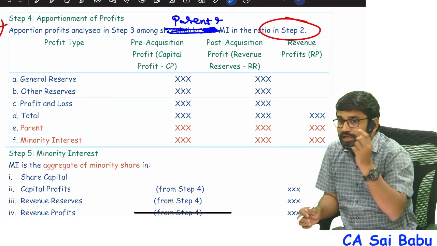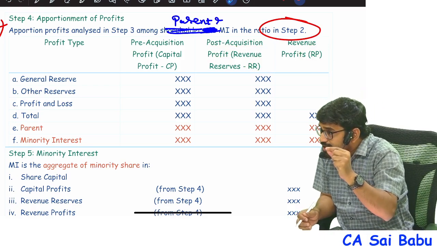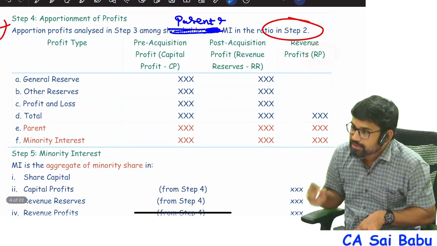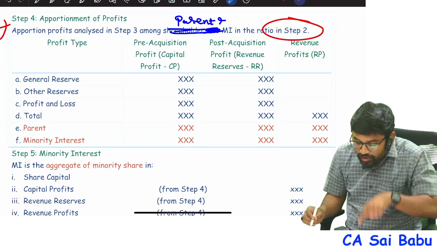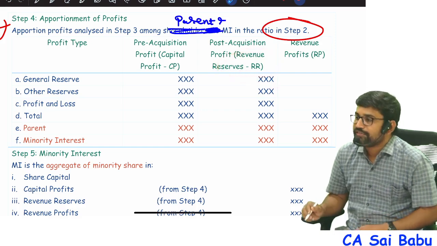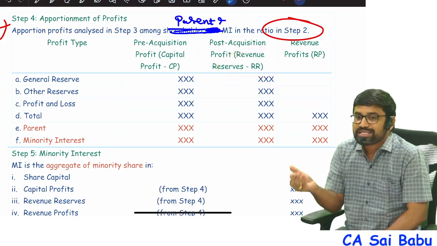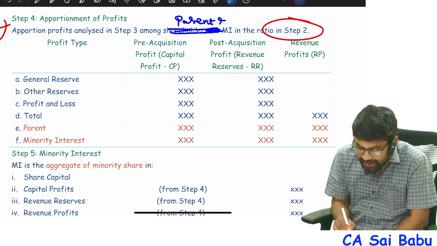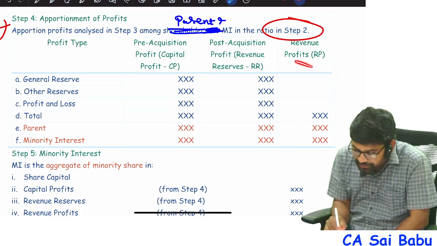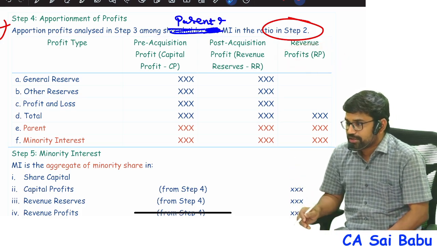Simple, sir. If you are analyzing the P&L account of the subsidiary company, that is called revenue profit. If you are analyzing other reserves of subsidiary company, they are called revenue reserves. Suppose you are analyzing the general reserve of subsidiary company, that is called revenue reserve.